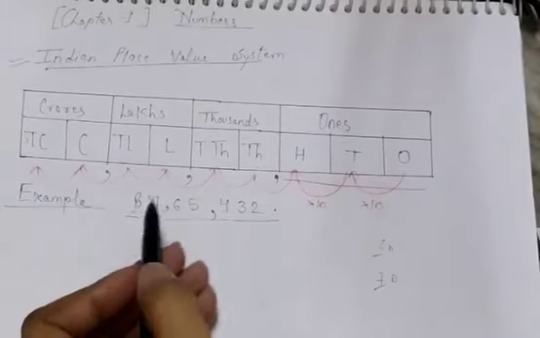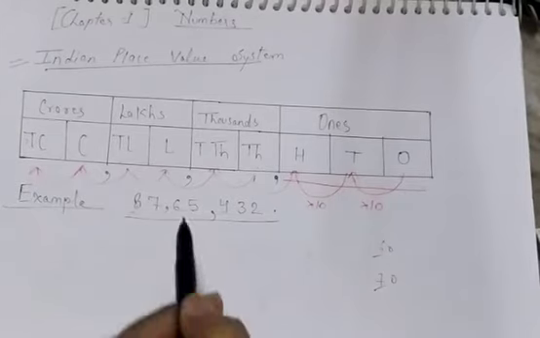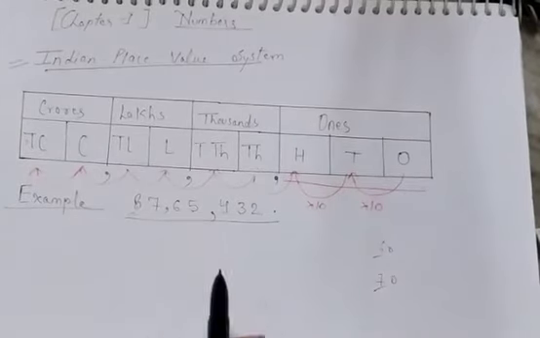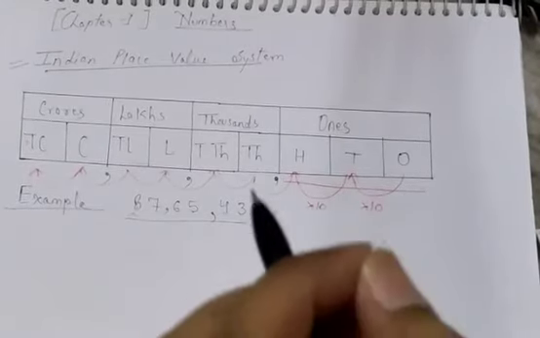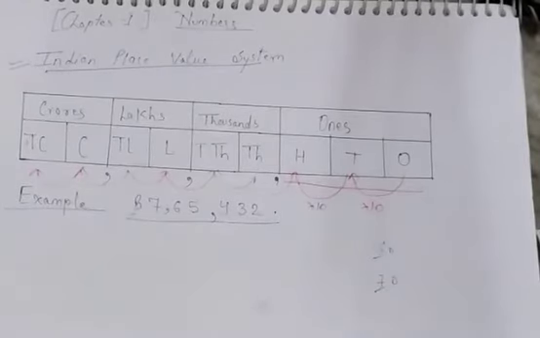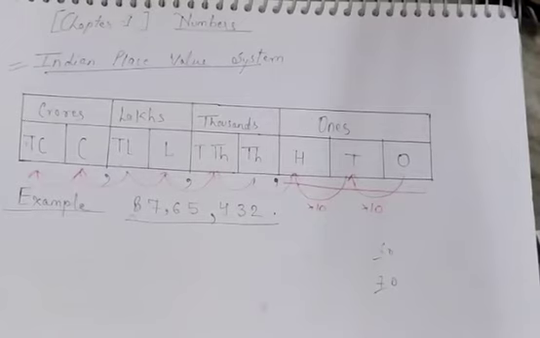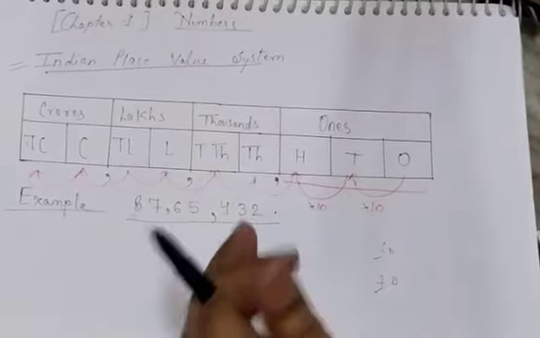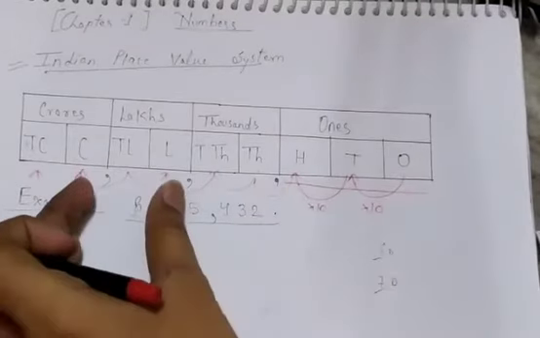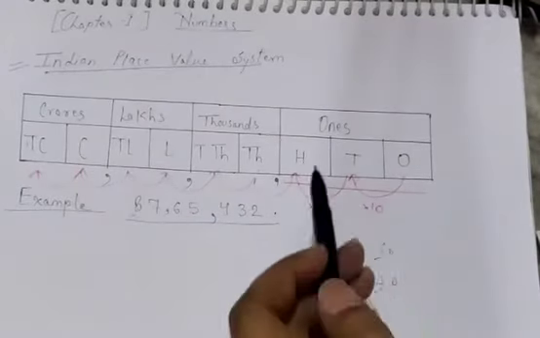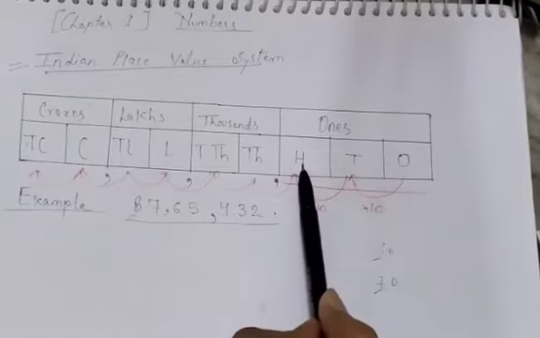In this example, you can see that the main thing is that we also need to put commas to read it in the Indian place value system. So how will we put the commas? As you can see in the table, before every section I have put commas.